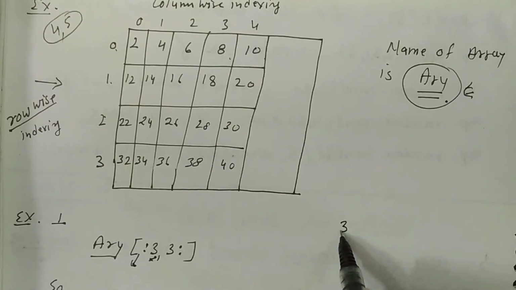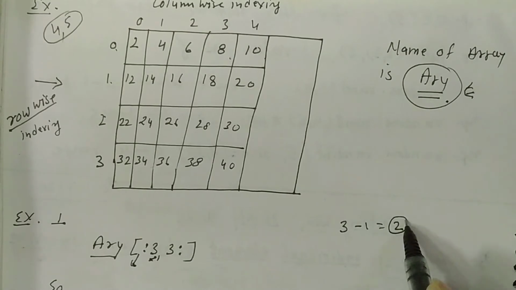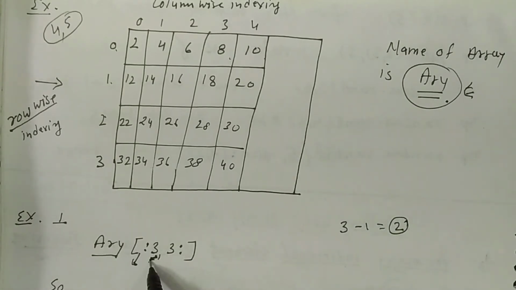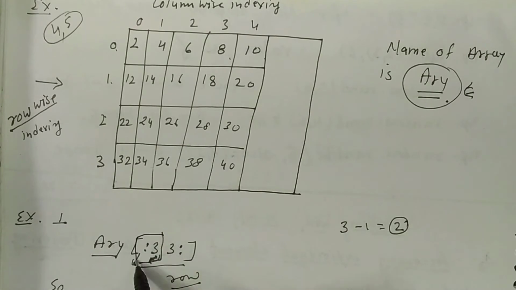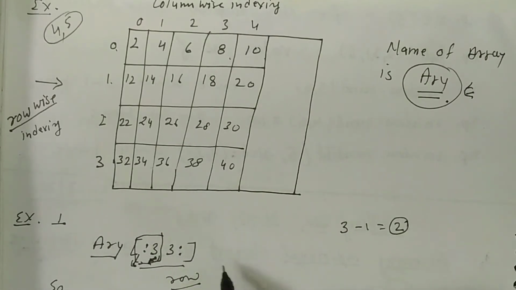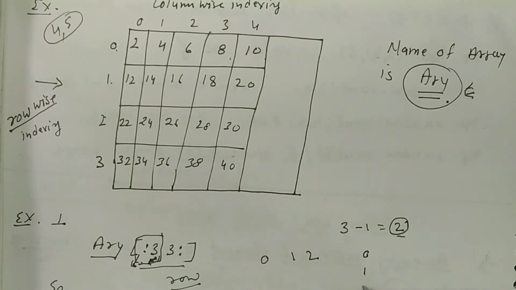So the end is 3, or 3 minus 1 equals 2. Because this part is for rows only, the start not given means 0, 1 and the end is 2. So 0, 1, 2. 3 rows will be represented: 0, 1, 2.